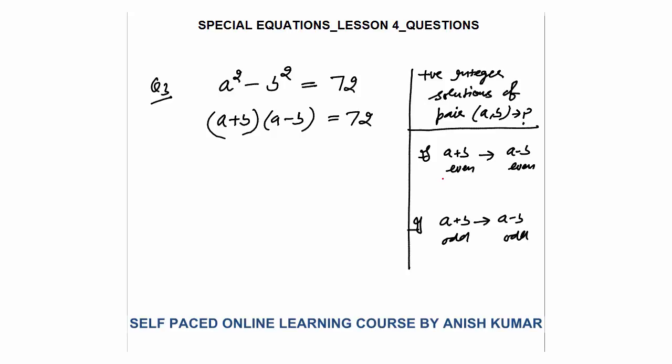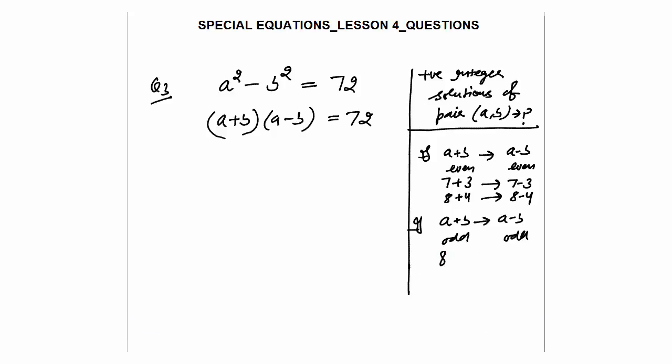You can check: 7 plus 3 is even, 7 minus 3 is also even. 8 plus 4 is even, 8 minus 4 is also even. Same way, 8 plus 5 is odd, 8 minus 5 is also odd. And 4 plus 7 is odd, 4 minus 7 is also odd. So very important, a plus b as well as a minus b both have the same parity.